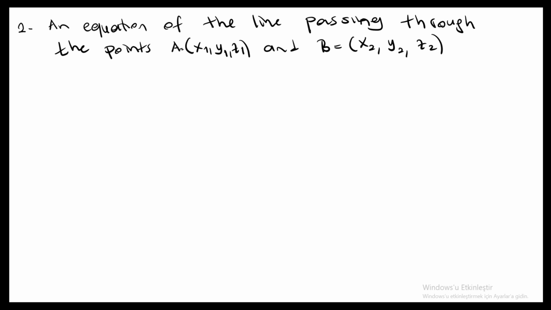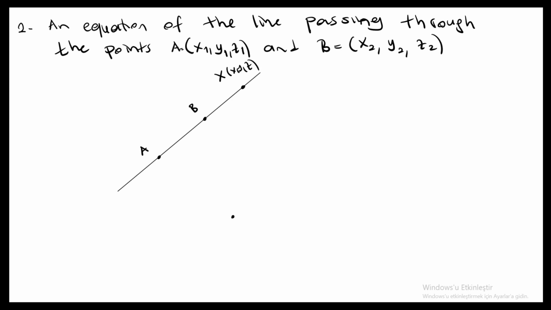The idea is the same. Again, we have a line here, let's say. So you have 2 points. This is A, this is B. Our origin again is here. Then we put the arbitrary point here. Let's say this X, which is again (x, y, z).